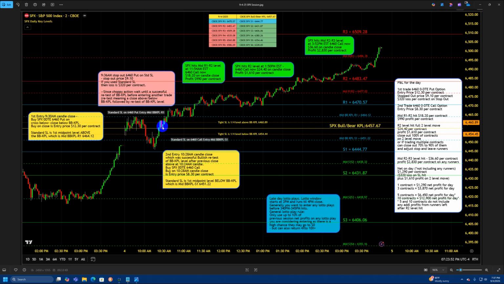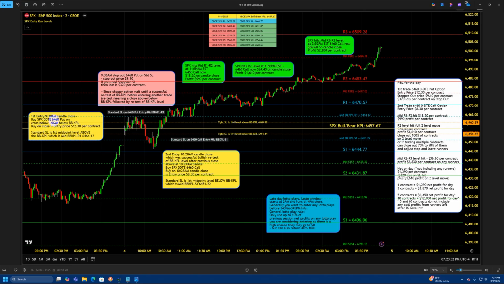So here we'd be buying on the successful retest. We would be buying the call option now, since this is a bullish entry signal. And again, we're going with the closest strike to this. Since we used the 64.60 put here, we're going to use the 64.60 call.